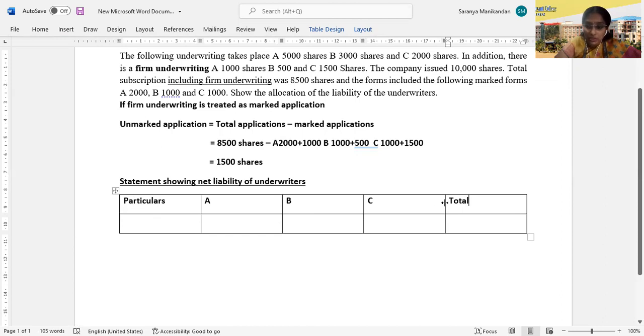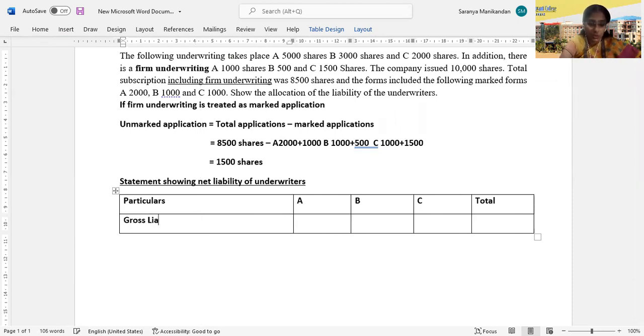We will adjust the column size because we need more space for the particulars column. Others are just figures, where we write the number of shares.